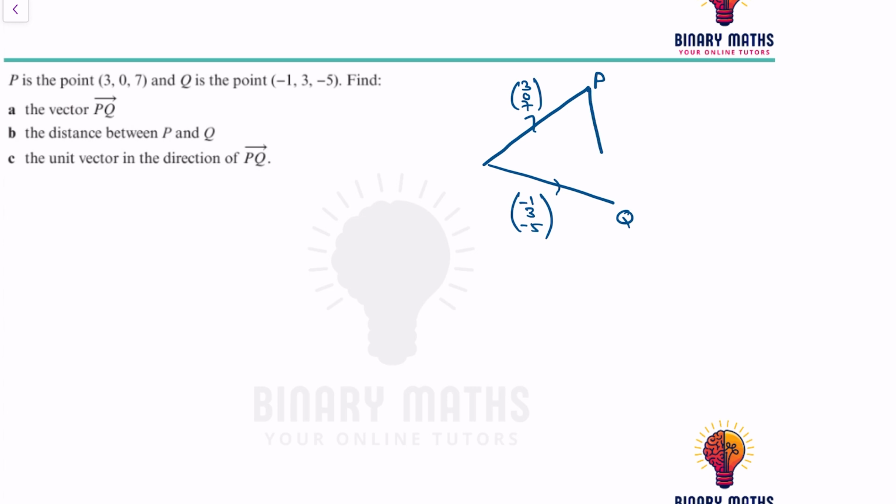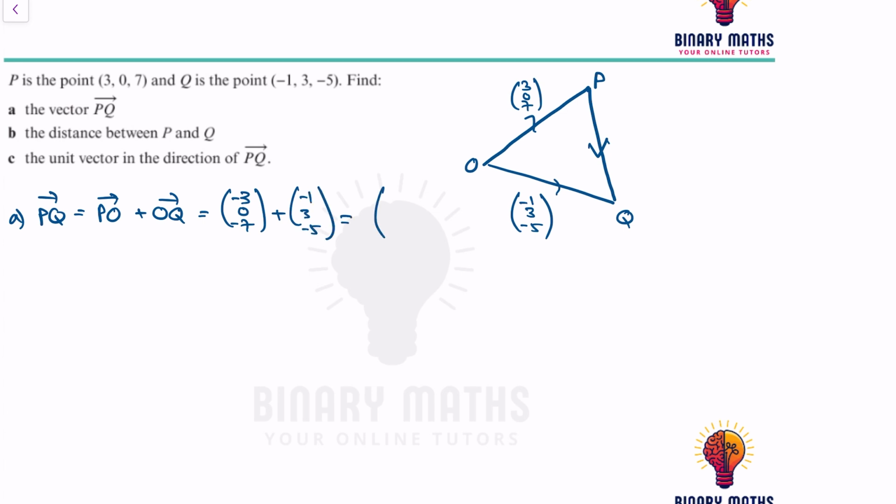If I want to find P to Q, it is equal to P to O plus O to Q, remember, O is the origin, which is equal to minus 3, 0, 7 plus minus 1, 3, minus 5, which is minus 4, 3, minus 12.